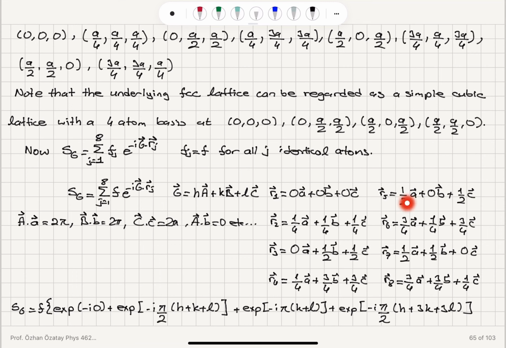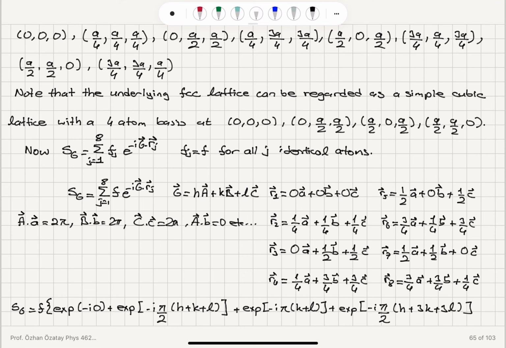I have written all the position vectors and the dot product with the reciprocal lattice vector, considering the dot product of an A vector with its corresponding reciprocal lattice basis vector, capital A, is 2 pi, otherwise the dot product is 0.